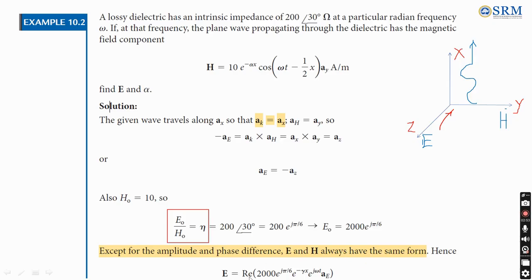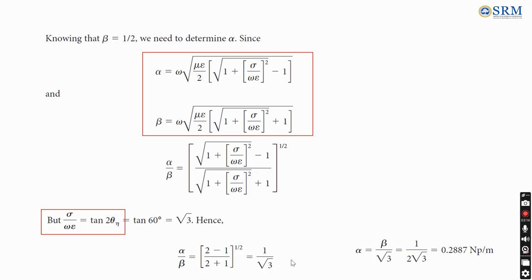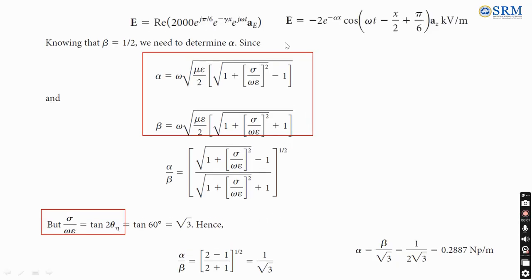So we can write the electric field as the real part of this magnitude component. It is e power minus alpha, and inside, omega t minus beta. So e power minus gamma x I can write commonly, with one phasor term e power j omega t, and the unit vector along the electric field component. I can club e power j pi by 6 and e power j omega t, and here instead of gamma we have to apply alpha plus j beta.